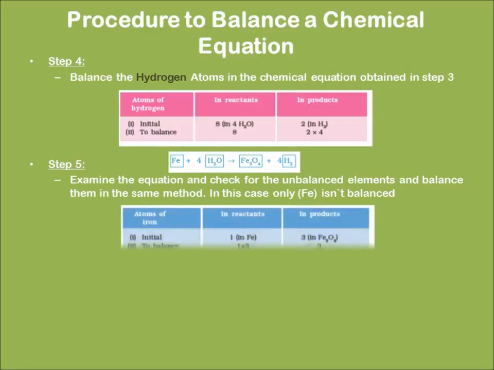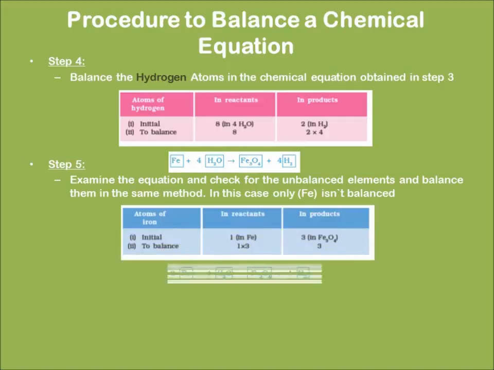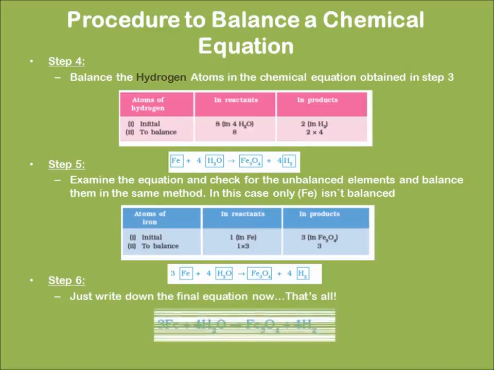In this case, I have iron left, so I have 3 on the right and 1 on my left, so I multiply it by 3. And step number 6. We just write down the finally balanced chemical equation. That's it. Which is nothing but 3Fe plus 4H2O gives rise to Fe3O4 plus 4H2.